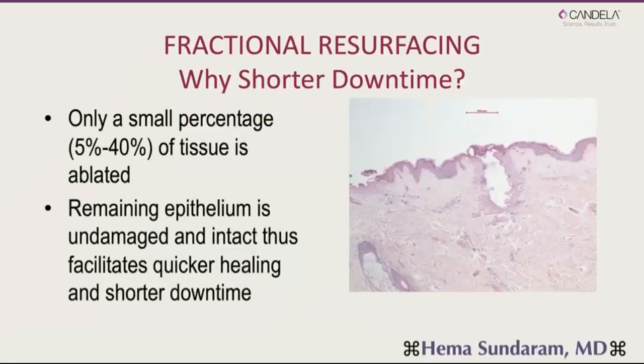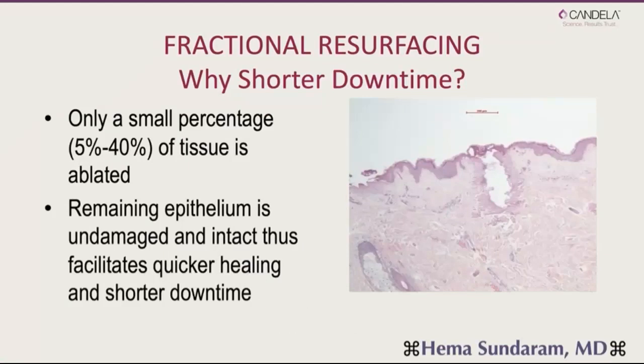Now here we see why fractional resurfacing gives us a shorter downtime. We can see here the area of ablation histologically. So we see the uppermost dark layer of this histological specimen is the epidermis. And then we can see the dermis below that with the pink collagen fibers. So we see here a sparing of a significant amount of the epidermis.